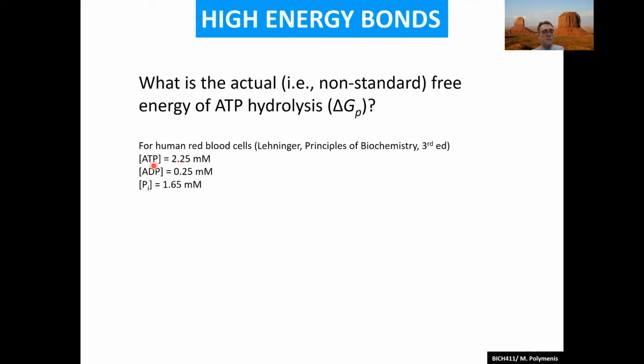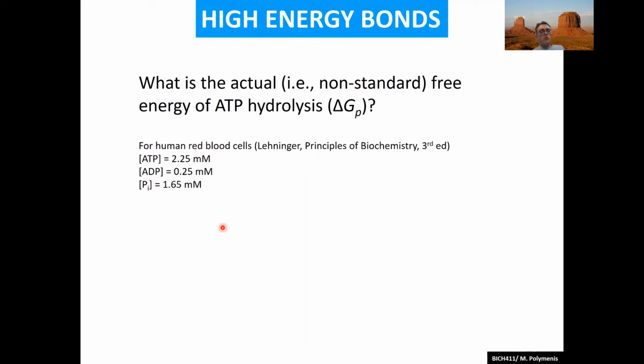You have 10 times more ATP than ADP, and we'll talk about why later, and at millimolar concentrations, not molar. So you have 2 point something for ATP, 0.25 millimolar for ADP, and the phosphate concentration is close to 2 millimolar, also 1.65.